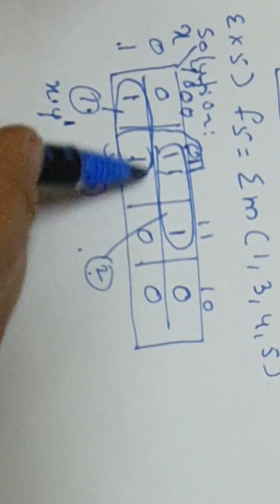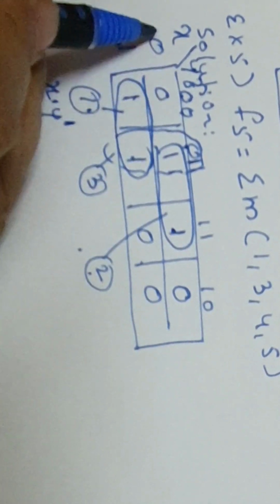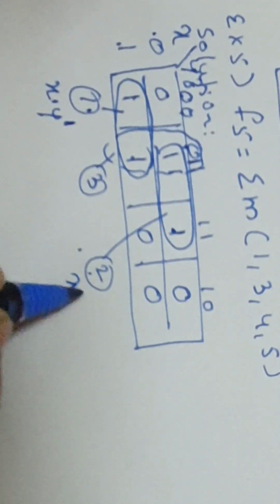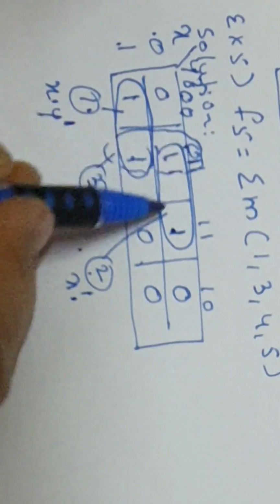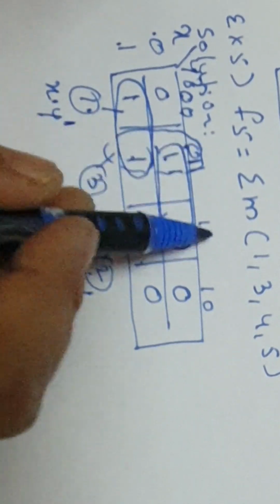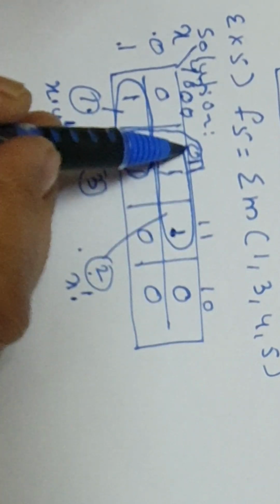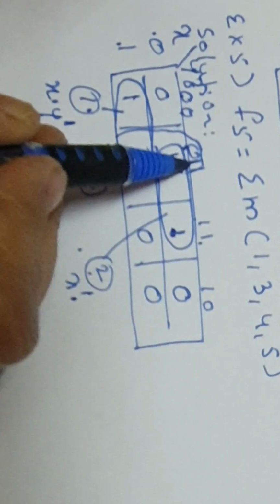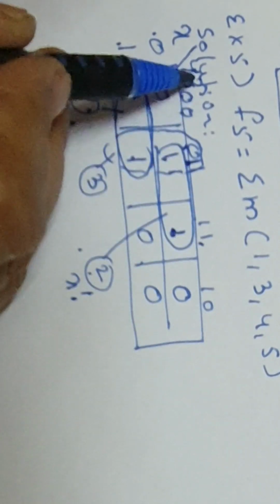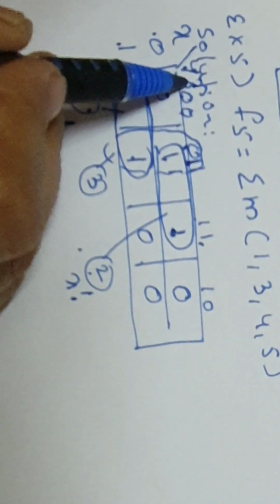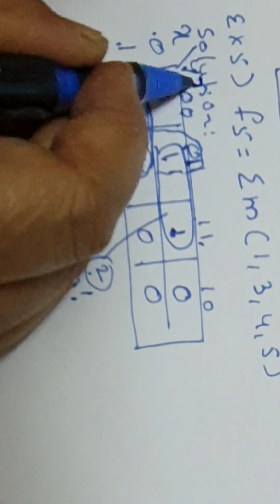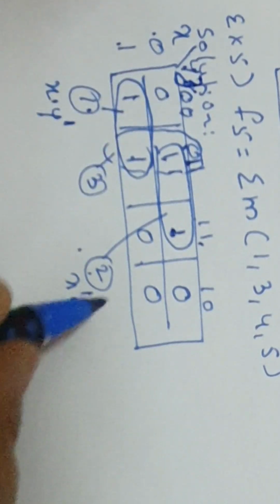In the second group, for these two ones, X is 0, so X dash is common. Then these two ones are in two columns, 01 and 11, and the common one, the second bit, is Z.